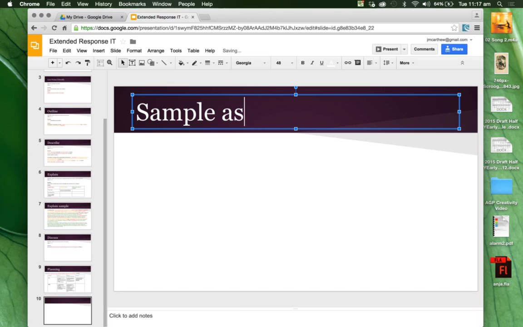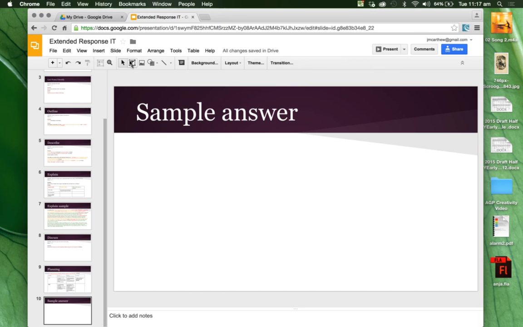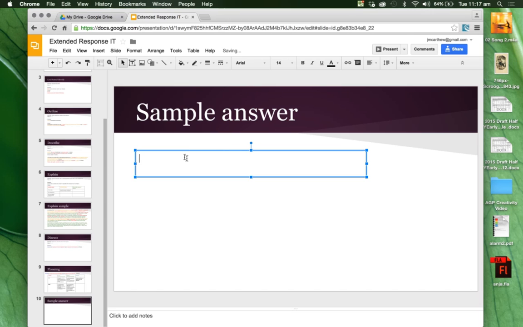Our first answer might be for 1 to 2 marks. We'll list either legislation, and this will be one of the things they do in the marking centre when they mark it. They'll go, okay, for 1 to 2 marks, yes.